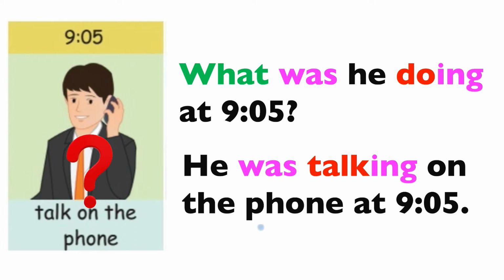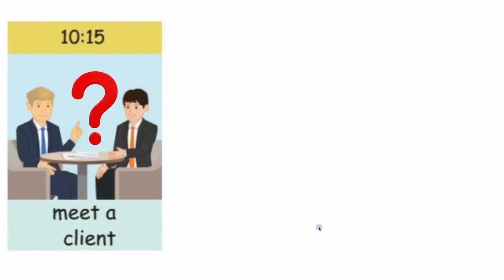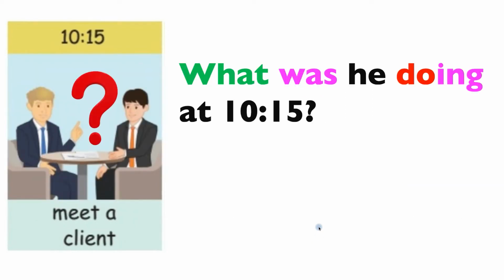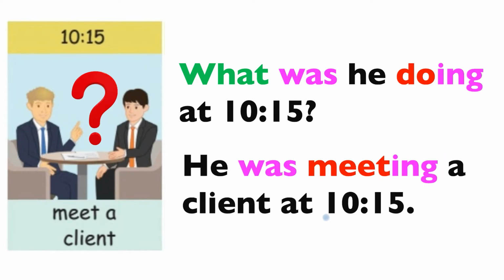Yes, he was talking on the phone. So what was he doing at 10:15? He was meeting a client at 10:15. Yes, you could say it either way. So at 10:15, he was meeting a client.